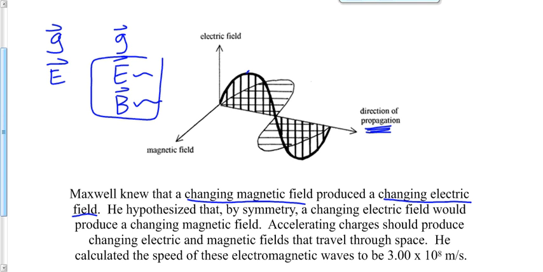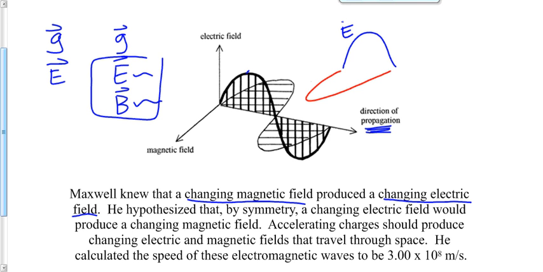Now what happens with this accelerating charged particle is that it generates this changing magnetic field and changing electric field. So it produces something like this. Here's my electric field, and here's my, on the other axis, my magnetic field. Now watch carefully what I'm about to do here.